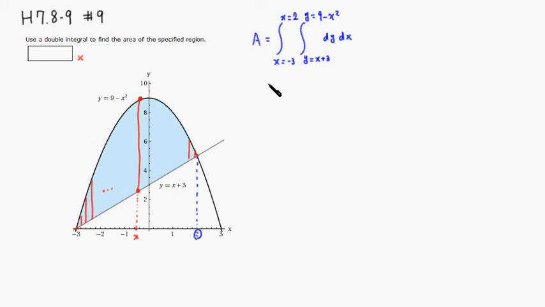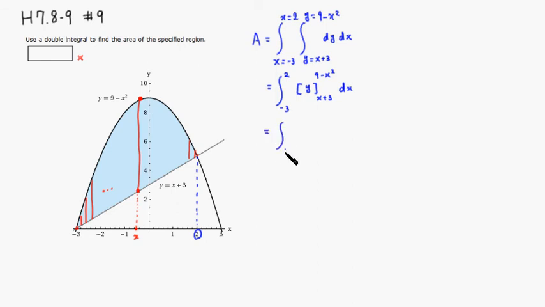So this is going to be equal to the outside integral as it is, x equals negative 3 to x equals 2. The antiderivative of 1 with respect to y would be just y, going from x plus 3 to 9 minus x squared, with respect to x.